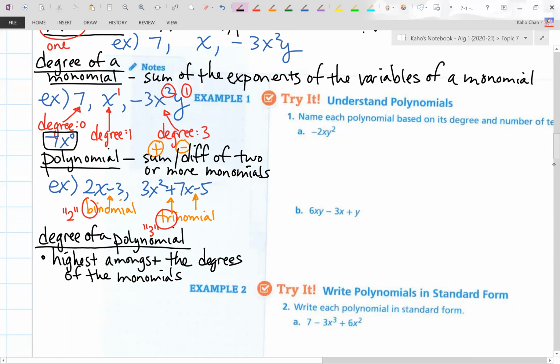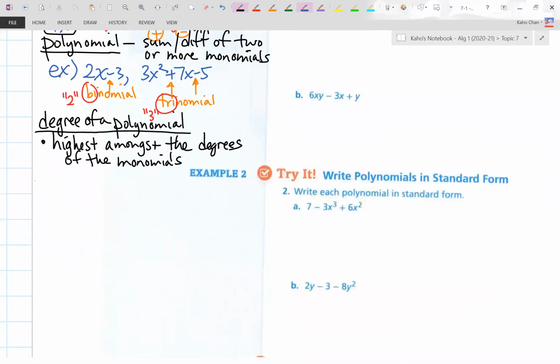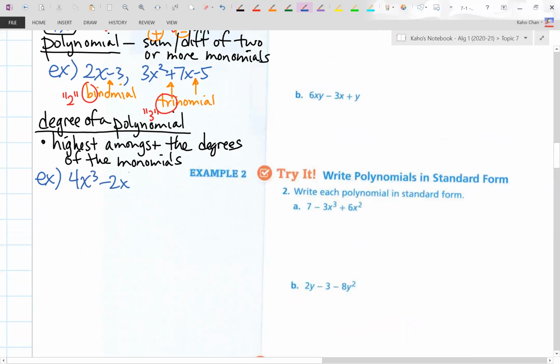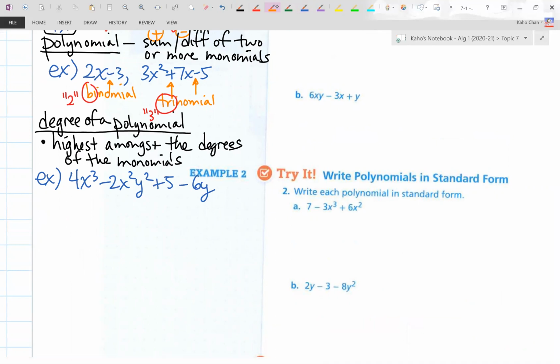Quick example here. What if we have 4x to the third minus 2x squared y squared plus 5 minus 6y? Each individually, the first one has a degree of 3, right?